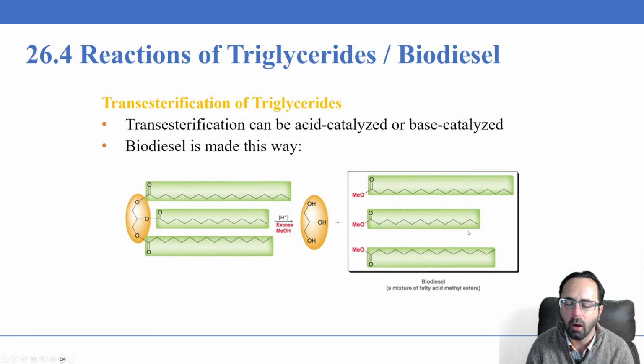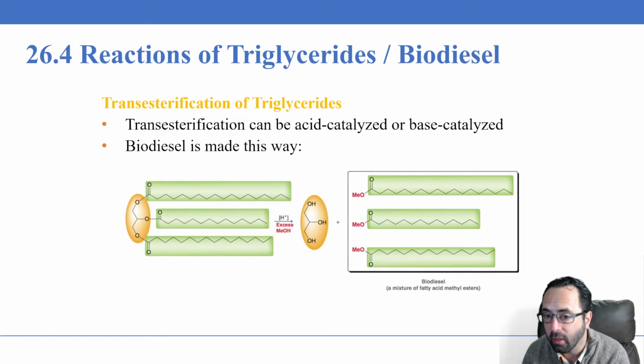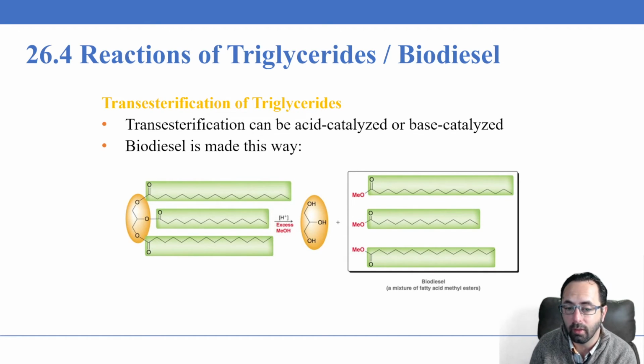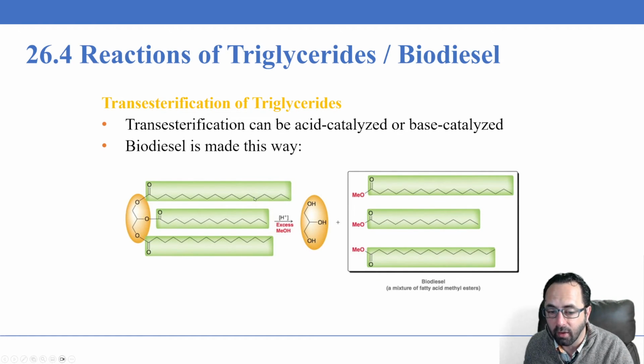You can also react esters with the transesterification reaction, again from chapter 20. So if we're reacting, instead of with a hydroxyl ion, maybe we react with methanol as the nucleophile. If we do this in an acidic environment, important, think about the mechanism. Since we're in an acidic environment, the first step of the mechanism will be to protonate the carbonyl.